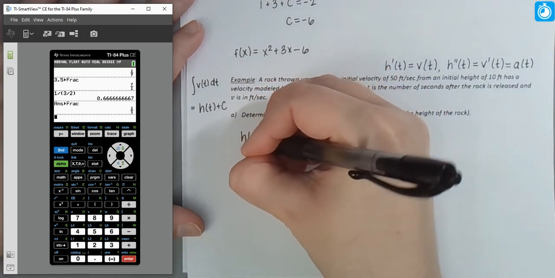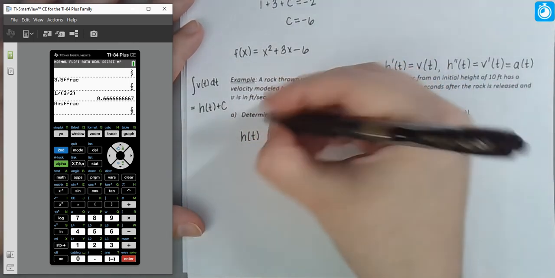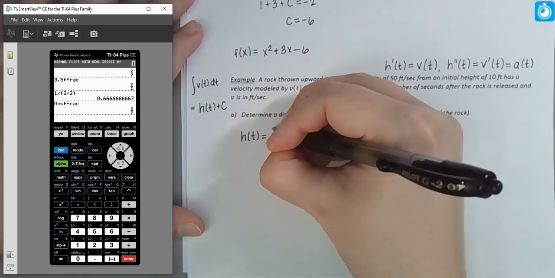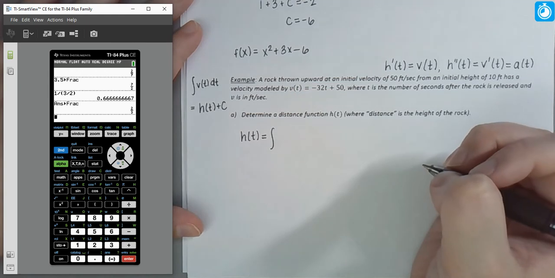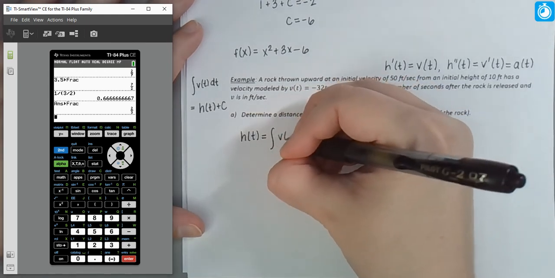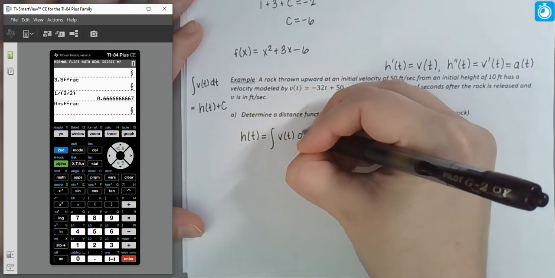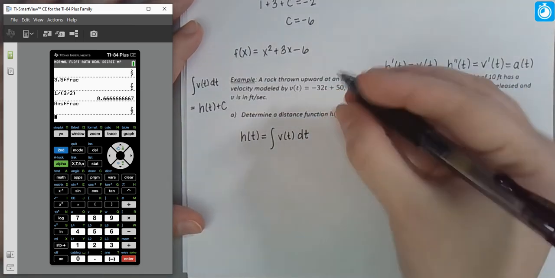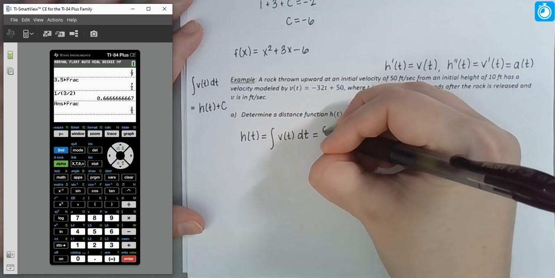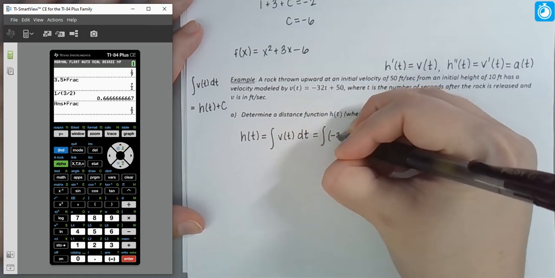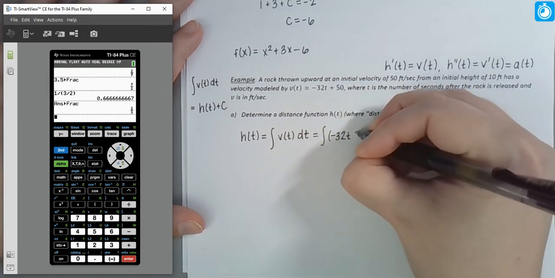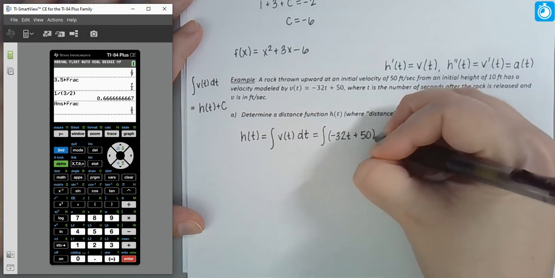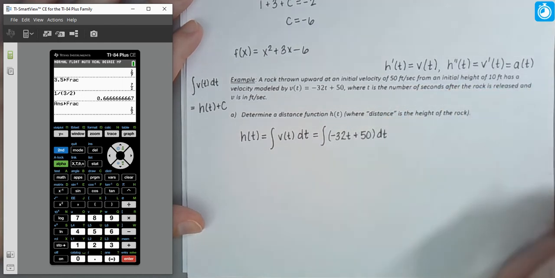So h of t, our distance, our position function, is defined as the antiderivative of our velocity function integrated with respect to t. So let's sub in our actual functions. Our actual function is negative 32t plus 50 integrated with respect to t.